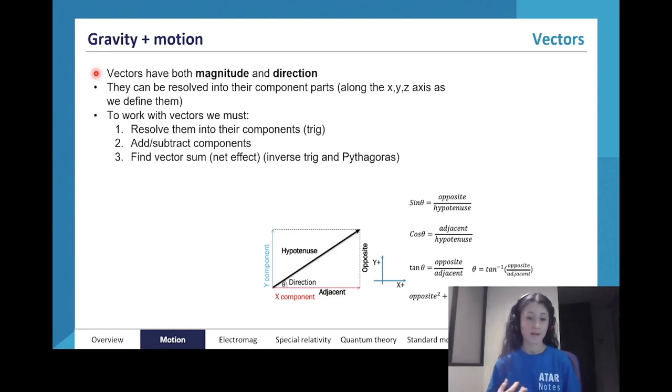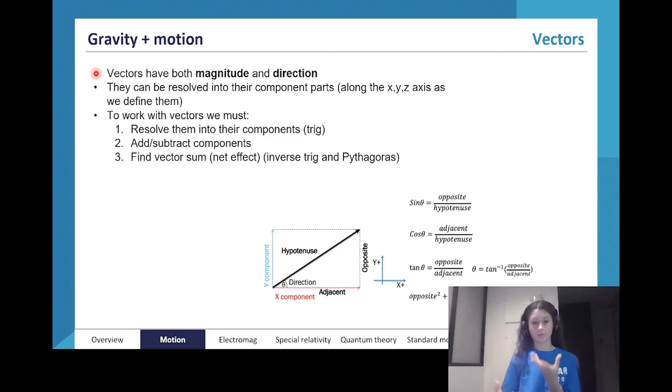However, a vector has both magnitude and direction. So it will be 3 meters south, 5 meters per second to the left, 3 meters per second at an angle of 30 degrees.